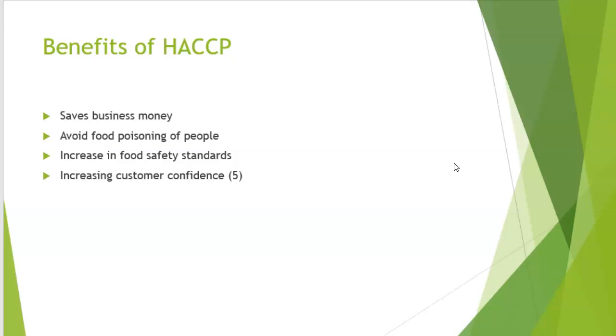Next is an increase in food safety standards. The quality of food will increase. The safety level of food will be better because of the HACCP plan, because we know what hazards the food can have, the hazards which can ruin our food.